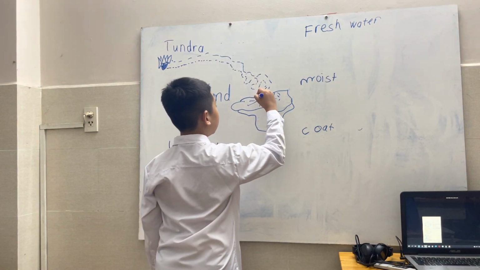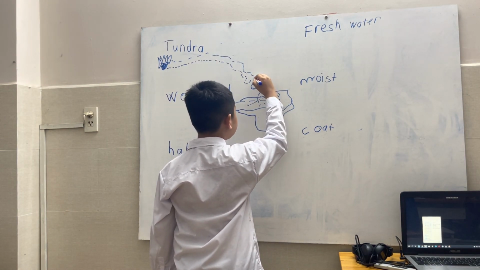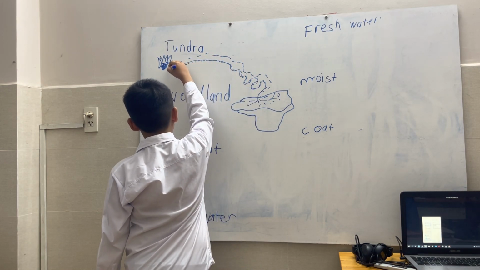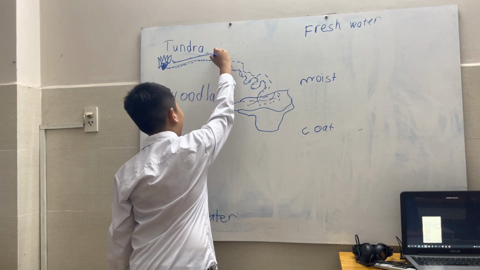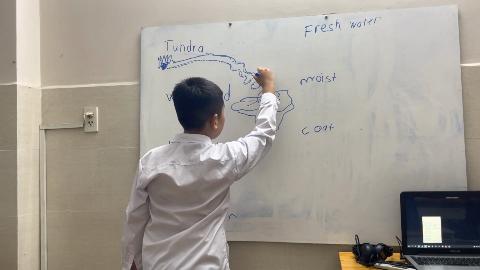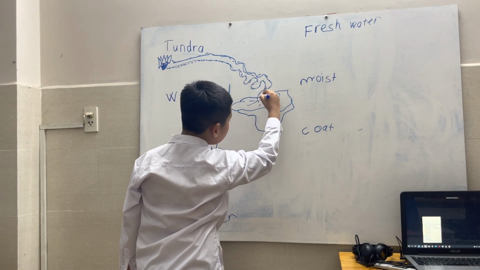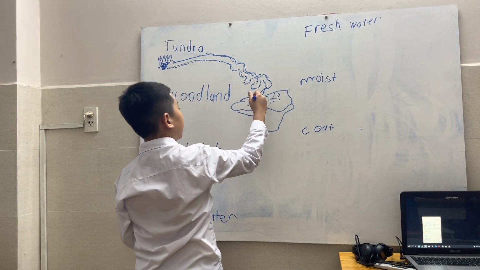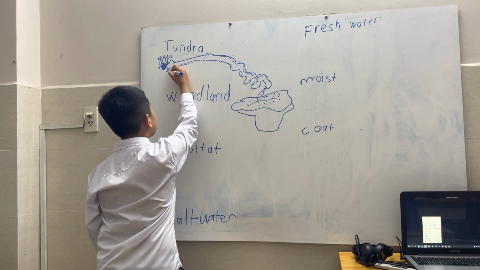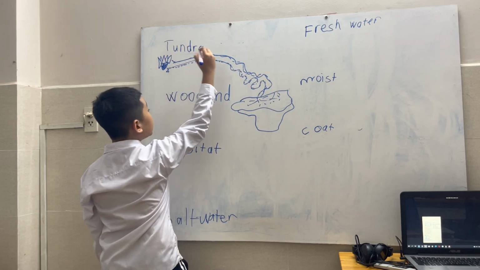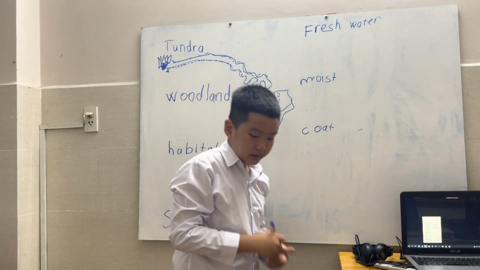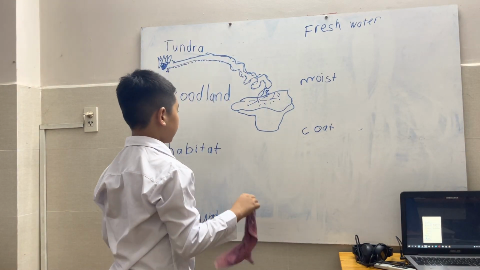So this is the way they came, and this is the way they came back. You see, they came from here to here is road A, and from here to here is road B. So that's what migrating is.